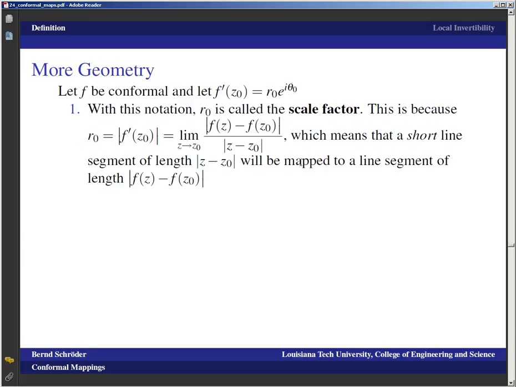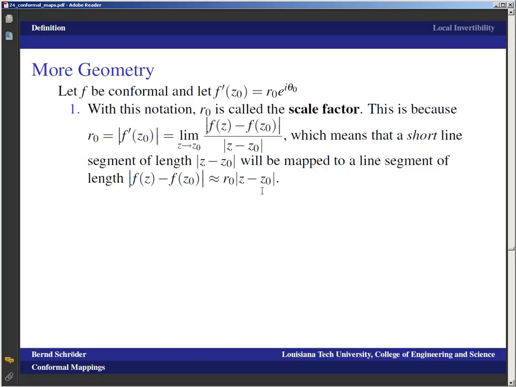And that means that if you've got a short line segment of length z minus z0, and short of course is again one of those things that depends on the context, a short line segment will be mapped to approximately something that looks like a line segment.